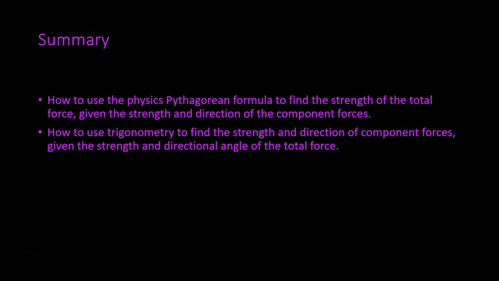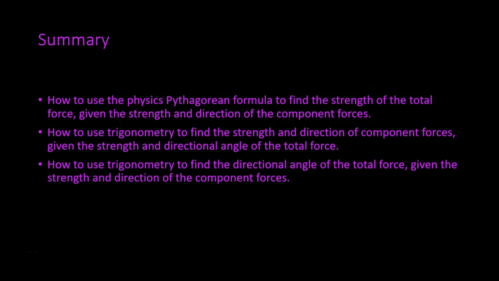We also learned how to use trigonometry to find the strength and direction of the component forces given the strength and directional angle of the total force. And finally, we learned how to use trigonometry to find the directional angle of the total force given the strength and direction of the component forces. I hope you found this information helpful, and have a good day.